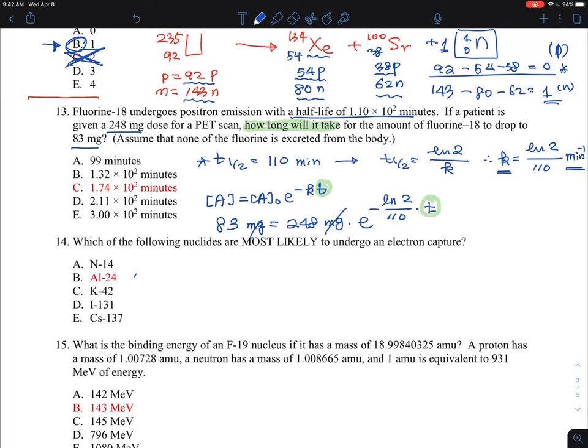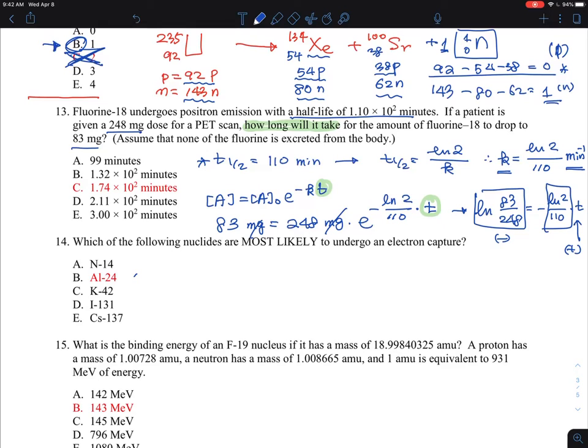So the way that you can solve this one is actually natural log of 83 divided by 248 is minus ln2 over 110 times t, and this will be a number, right? And then this is all the numbers. And remember, this one itself is negative, so your time is positive here.